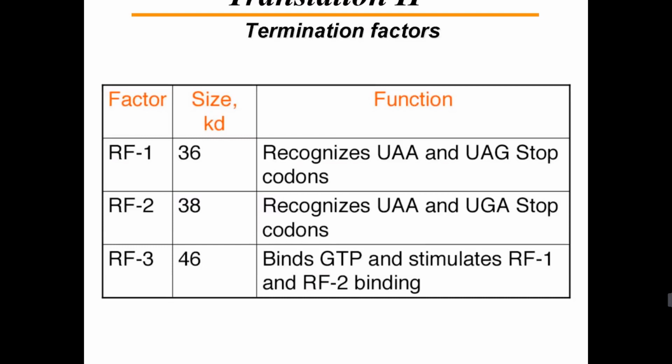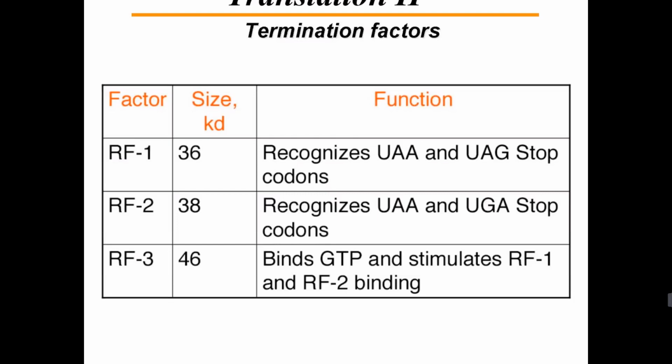And RF3 just bridges the binding of RF1 or RF2 with the ribosome. It will bind GTP and stimulate the RF1 or RF2 binding and recognition of the UAA, UAG, and UGA stop codons. Okay, so that basically summarizes the process of protein synthesis in prokaryotic cells.